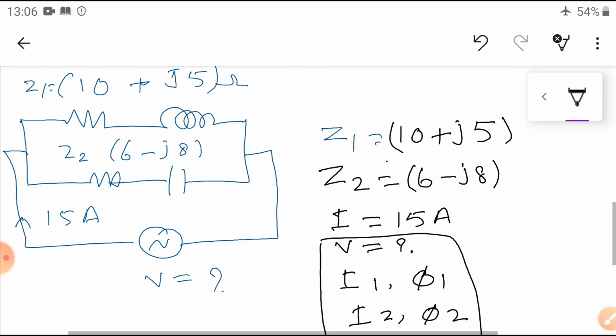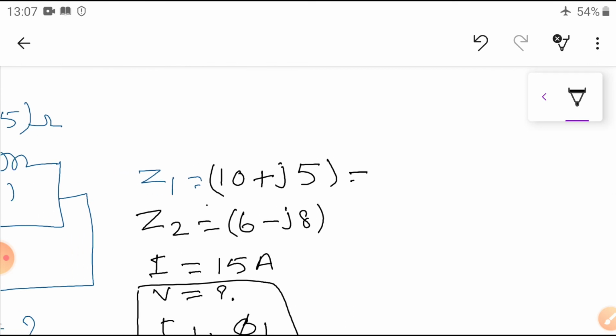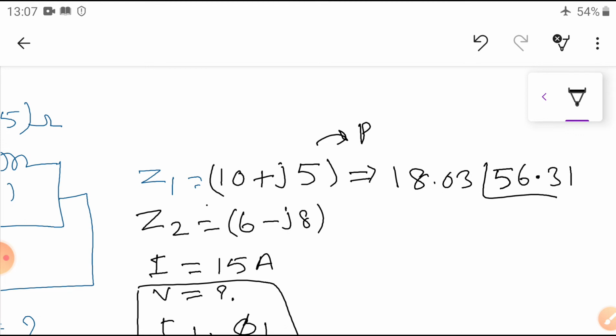Here the values are given. Based on our method, whatever is given, convert into polar form, rectangular to polar, with the help of your calculator. So 10 plus j5 in rectangular form converted into polar form gives 11.18 at an angle of 56.31 degrees.